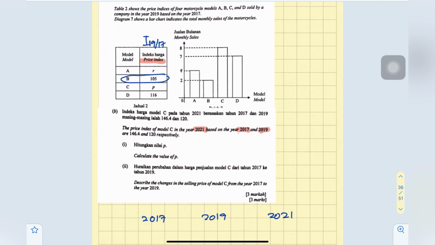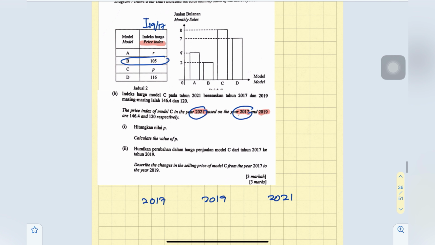Okay, ayat dia dekat sini price index C, 2021 base 2017. Okay, 2021 base 17 yang ni lah. Okay, so this one is 146.4. Lepas tu 21 base 19. Okay, 120. So 21 base 19, this one 120.